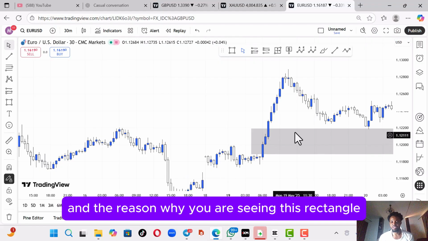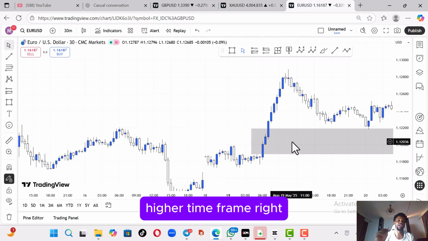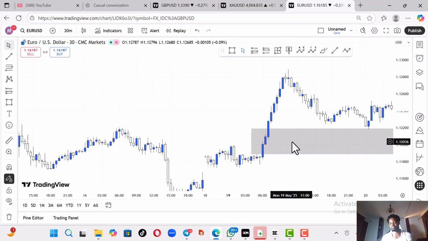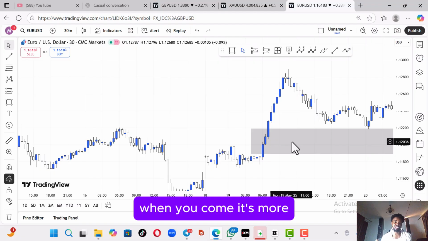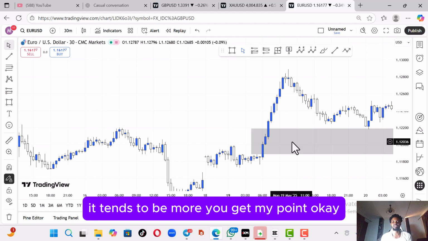And the reason why you are seeing this rectangle this big is because we actually marked it on the higher time frame, right? Whatever you see on the higher time frame, when you come to the smaller time frame, it tends to be more. You get my point? Okay.